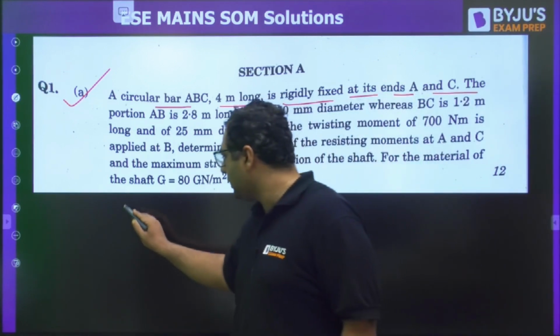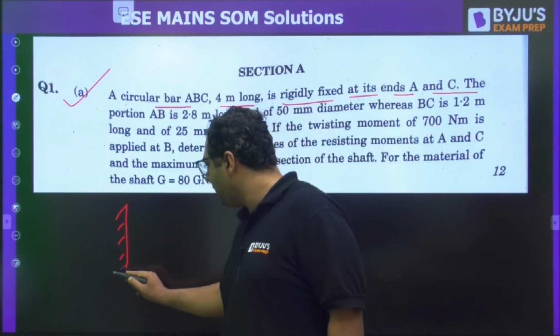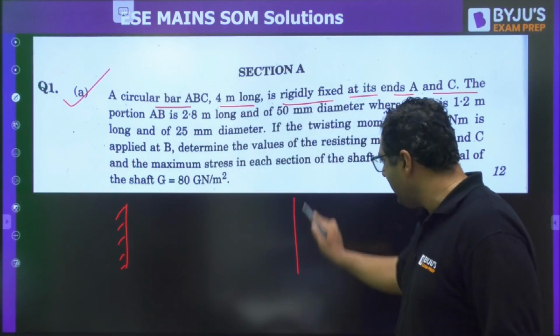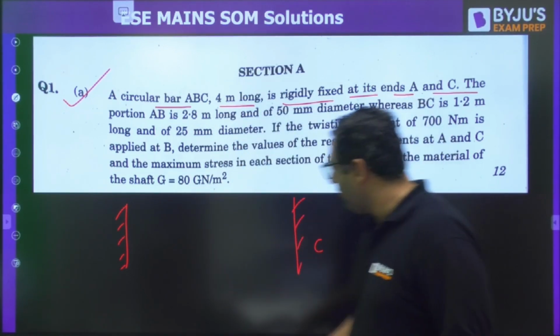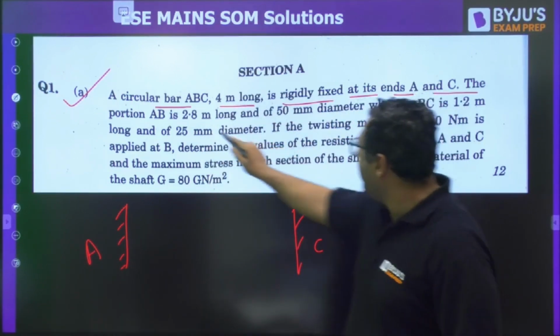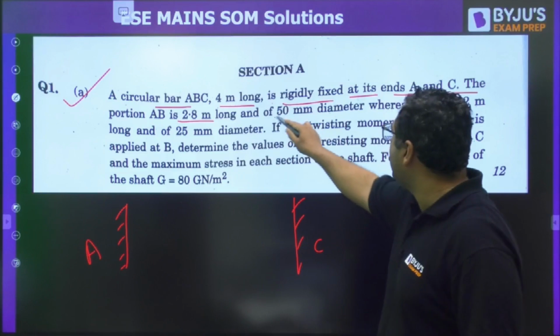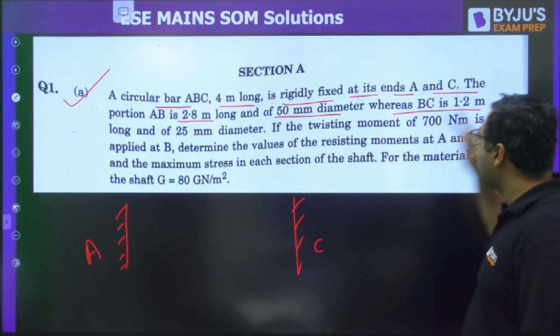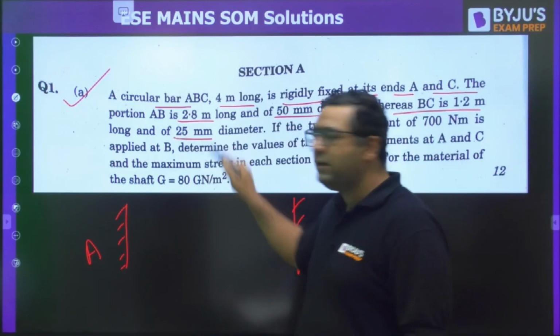Okay, so we are given that we are having end A and end C. They are to be fixed. And they are saying that AB is 2.8 meter long, 50 mm in diameter. BC is 1.2 meter long, 25 mm in diameter.